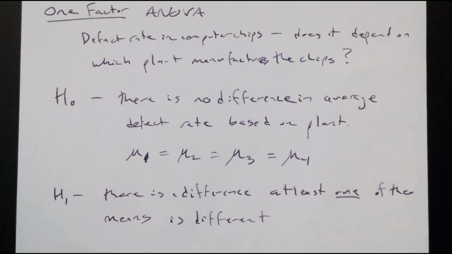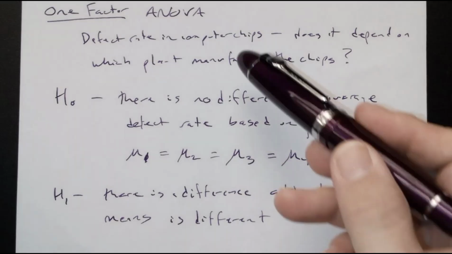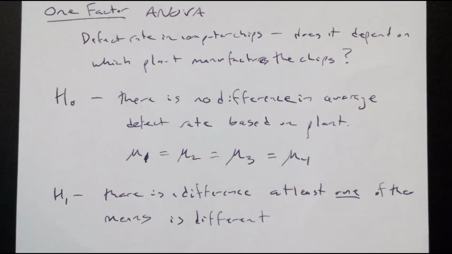Okay. By our assumption, I want to think of this as a line. I could say, all right, the Y value, chip defect rate, should have some global mean.